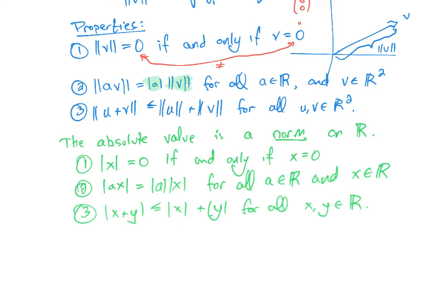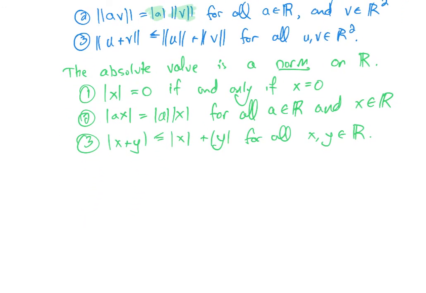We've seen these things before. I completely forgot, I meant to draw you the picture just to remind you of why 3 up here is called the triangle inequality. Let's go back for a second and see why it's called that.